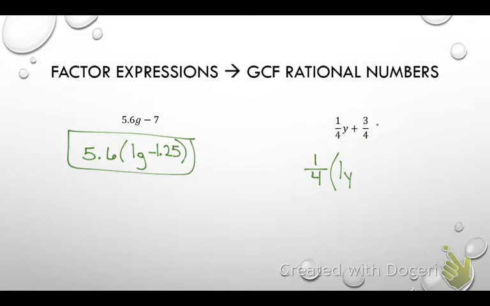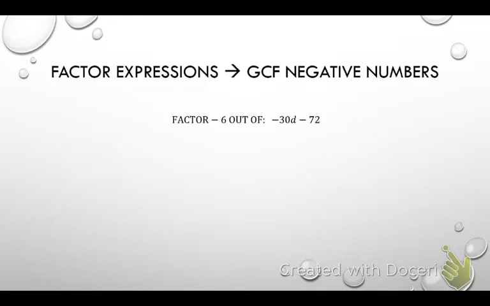So now you have to divide 3/4 by 1/4. What do I have to do before I can solve this? You got to flip it. Okay? So the great thing here, and I know I've said this already, but I'm going to say it again, these aren't going to be overly difficult fractions. Cross reduce your 4s, and what is it? It's 3. y plus 3. No, it's 3/1. Okay? All right, rational numbers.